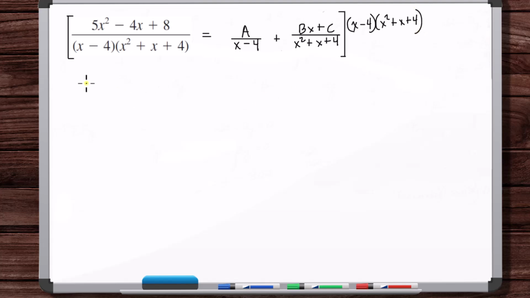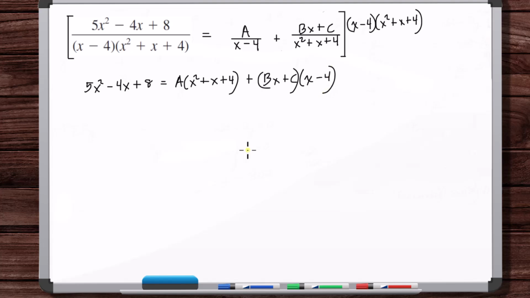Okay, so I'm noticing here we can set x equal to 4 and get a, so why not do that?